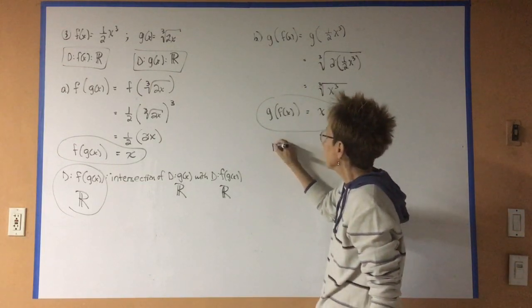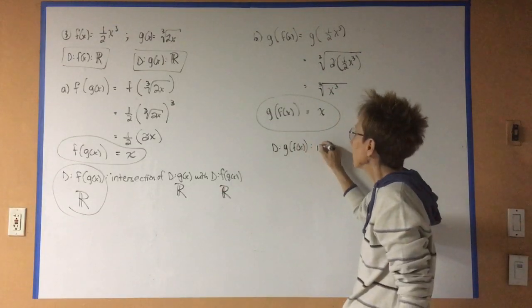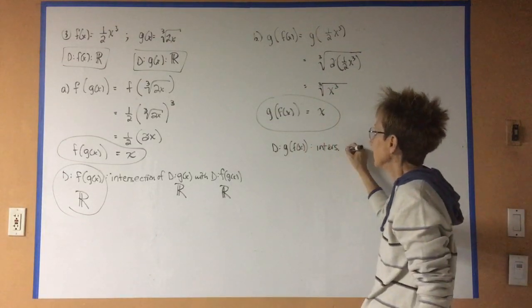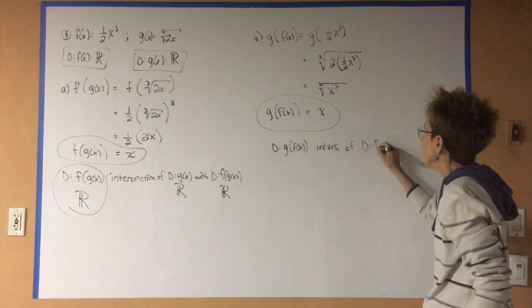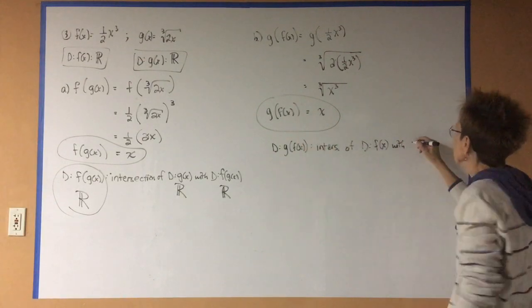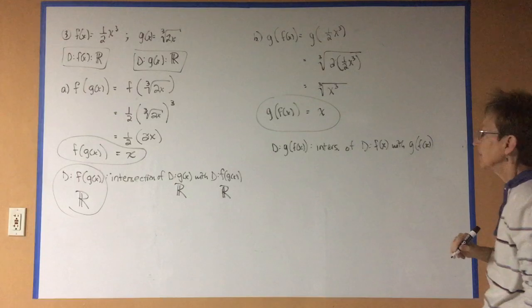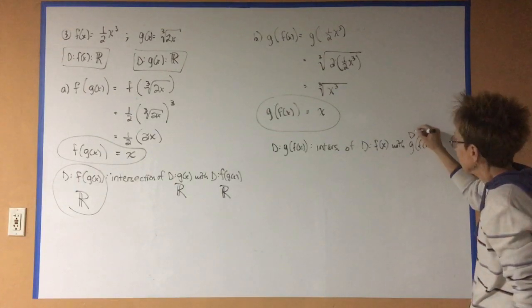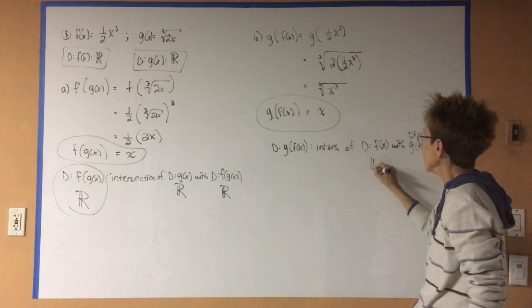They also want to know the domain of g of f of x. And again, that domain is coming from the intersection of the domain of what you put in, which was the f of x, with the domain of the final simplified version of the composite function. Well, the domain of f of x, we said, is all real numbers.